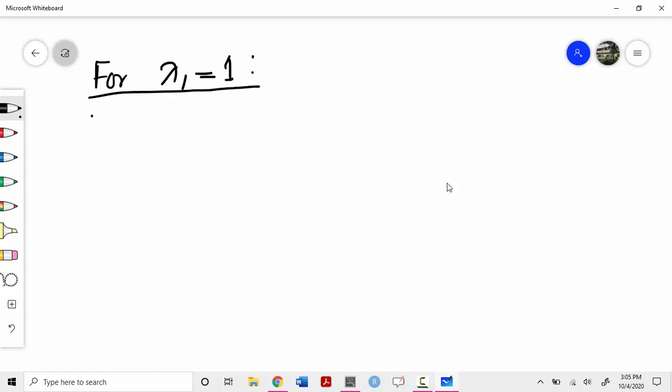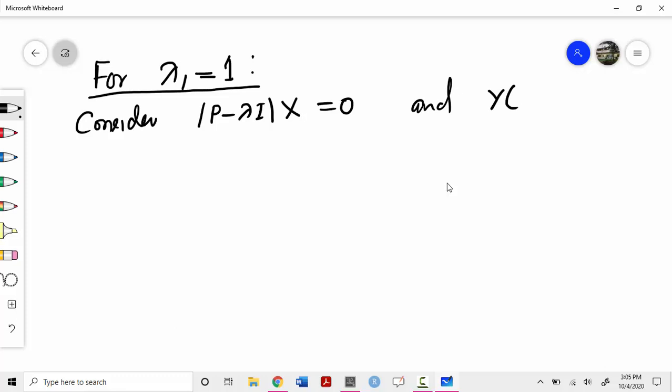Now consider (P minus lambda I) into x equal to 0 and y into (P minus lambda I) equal to 0.